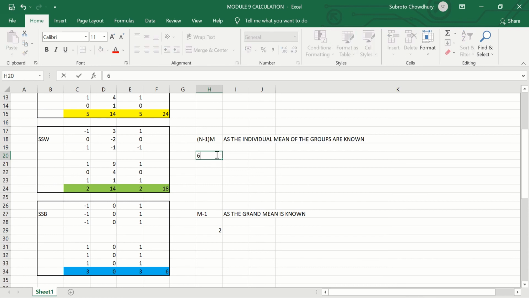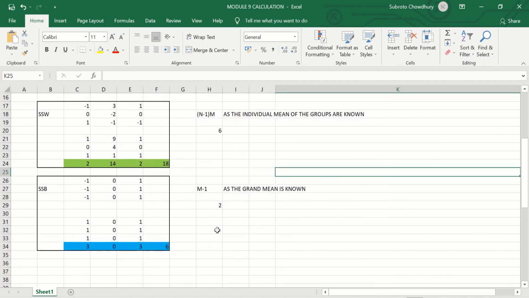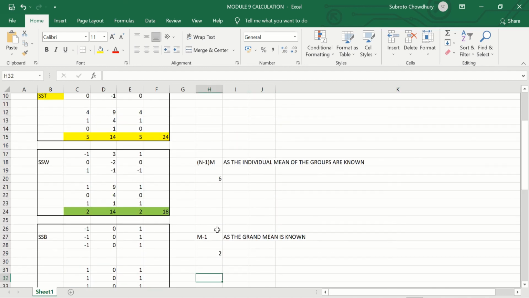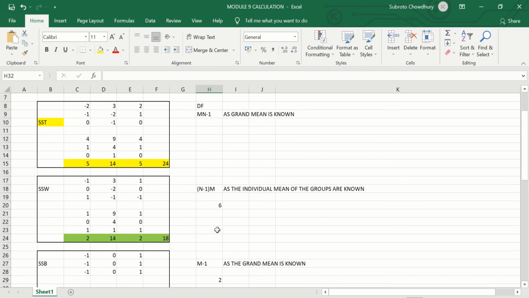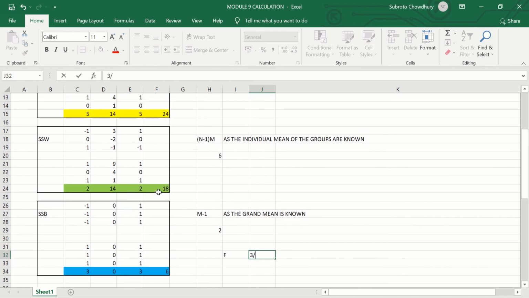Now the formula for the F statistic is SSB divided by its degrees of freedom, divided by SSW divided by its degrees of freedom. SSB is 6, and 6 divided by 2 is 3. SSW is 18, divided by its degrees of freedom, which is 6, which is again 3.